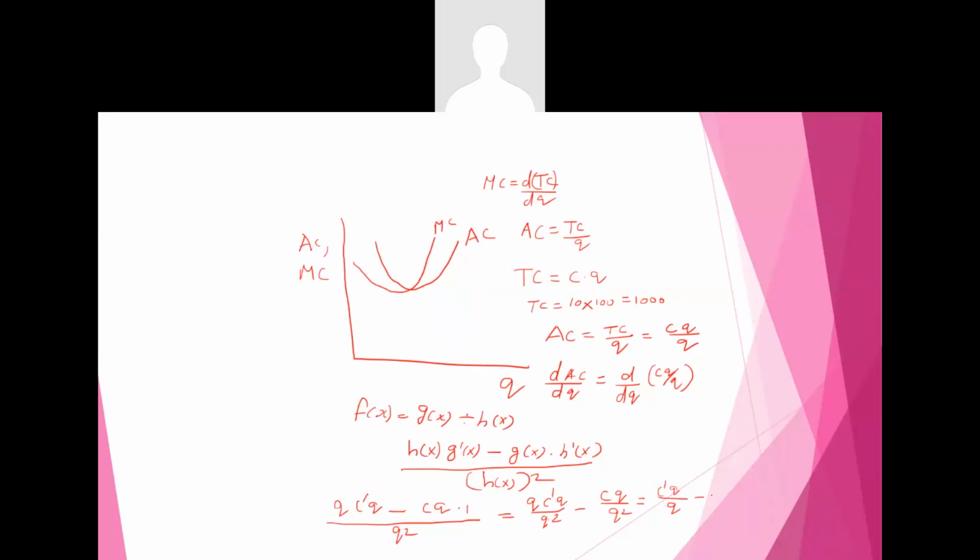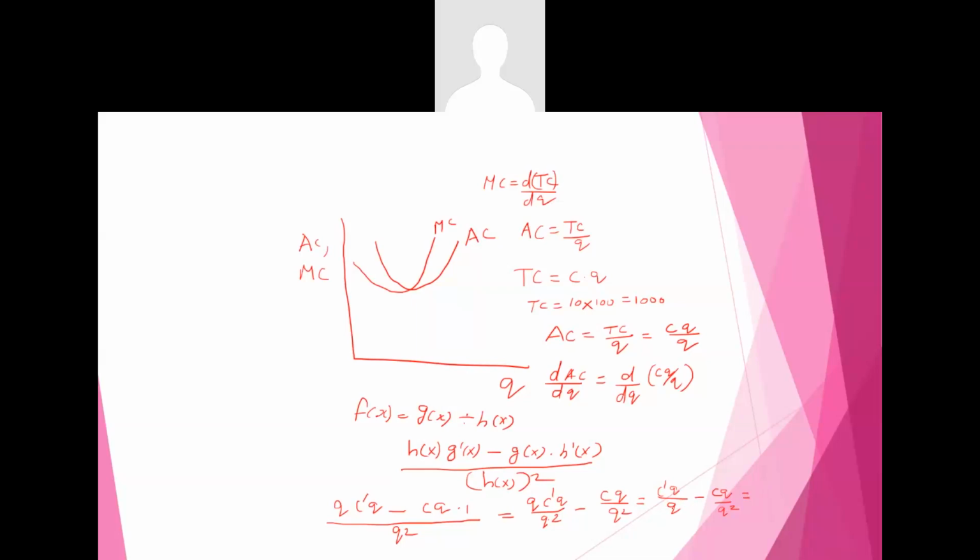So this can be written as c dash q by q minus cq by q squared.